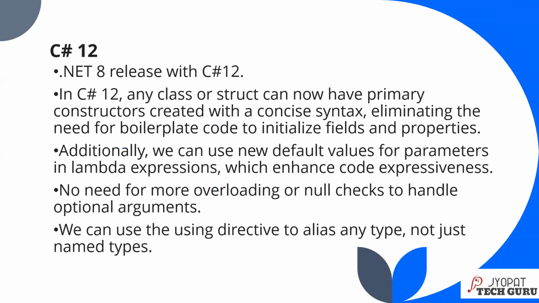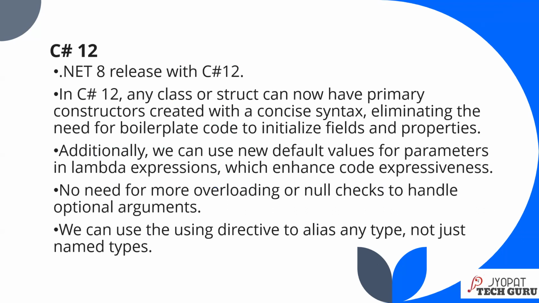C#, as you guys are already aware, C# 1, 2, 3, 4 up to 11 is there in the market. Because of .NET 8, they have introduced C# 12. So as per the .NET 8 release, C# is also getting incremented with the versions.